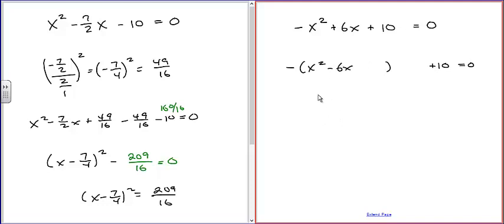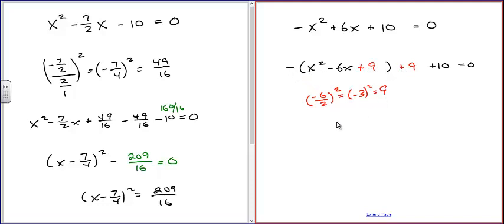So we use completing the square inside the parentheses. We divide -6 by 2, which is -3. -3 squared is 9, so we add 9. But you can see what's happening here is I'm really subtracting 9. So once I add this 9, I've got to reflect the negative sign. So even though it says plus 9, I'm really subtracting it.